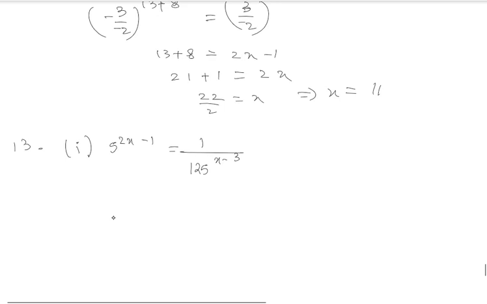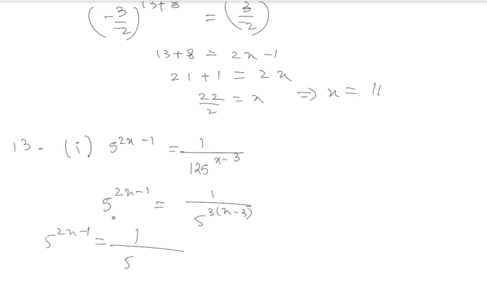Okay. 5 to the power of 2x minus 1, that's the next question, and this is 125. So I can write this as 5 cube, and the cube is multiplied by x minus 3, so I am just writing this as x minus 3 here. So 5 to the power 2x minus 1 is equal to 5 to the power 3x minus 9. Now if I do the reciprocal, the power's sign will change.